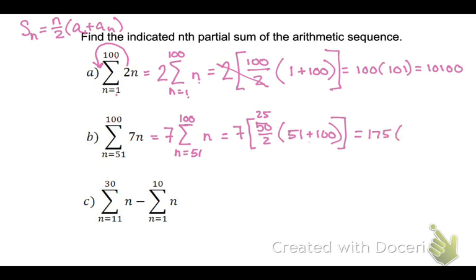Where'd you get 50 from, 51 to 100? Is it 49? But you got to add back in 51. If you take 100 minus 51, you're doing the spaces.